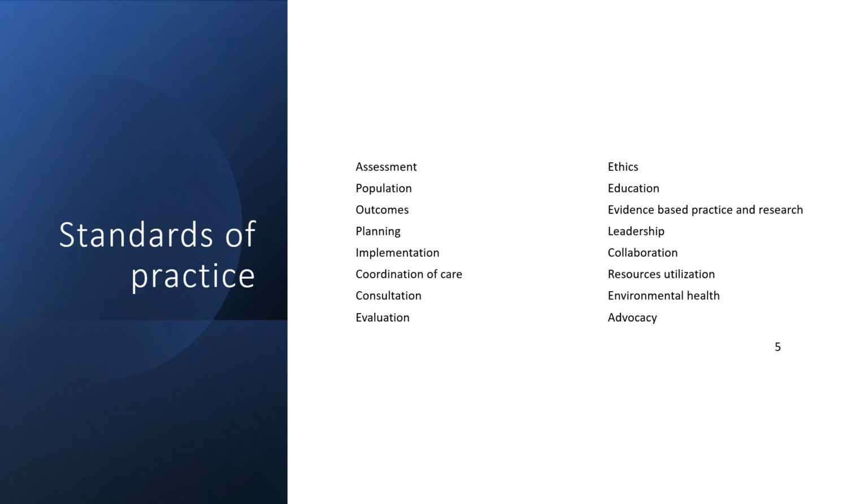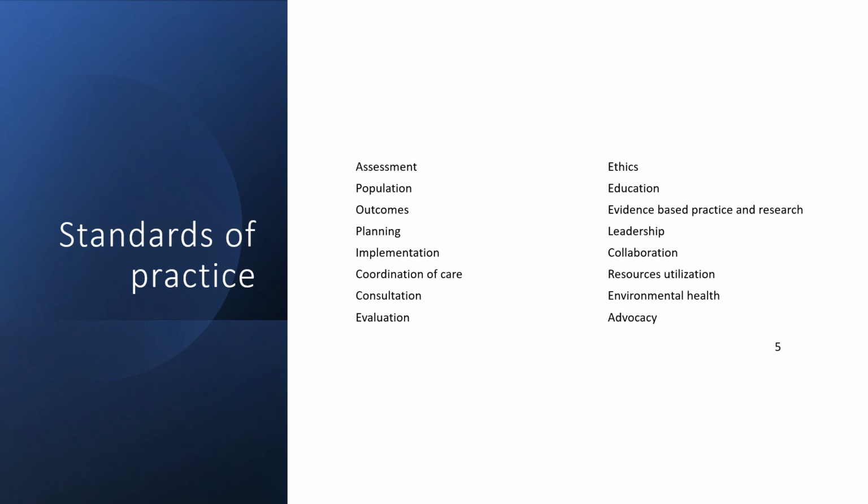Outcomes identification. The public health nurse identifies expected outcomes for a plan specific to the population or issues. Planning. The public health nurse develops a plan that prescribes strategies and alternatives to attain expected outcomes. Implementation. The public health nurse implements the identified plan. Coordination of care. The public health nurse coordinates care delivery.